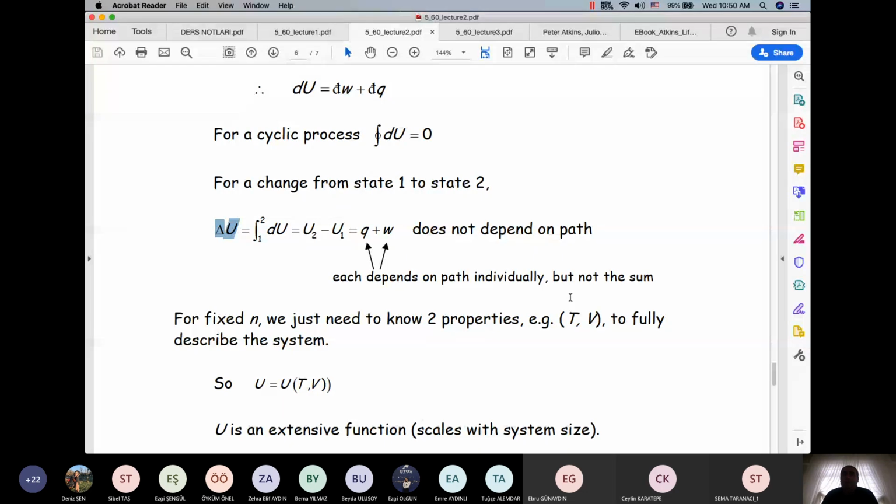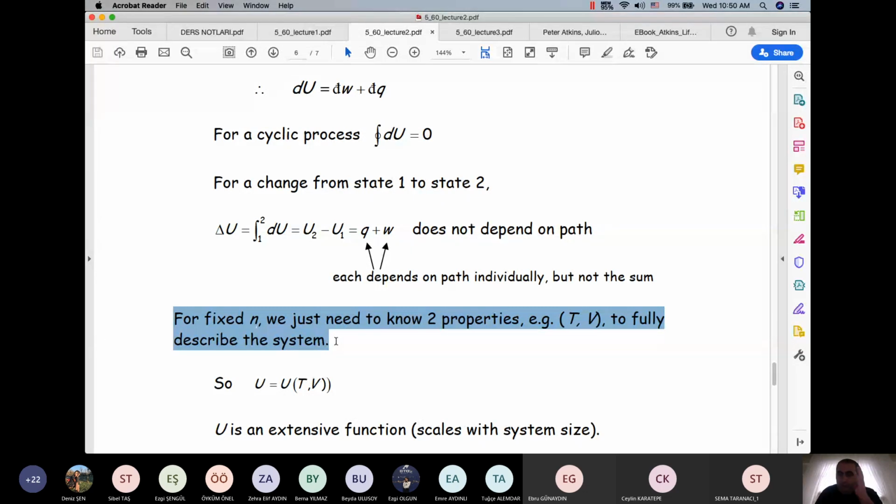If it is not depending on the path, and if it is a state function, then we can define the system by at least three variables, as we said initially. We need four variables, but we must know at least three of them. If we fix the number of moles, for example, now we need only two of them.